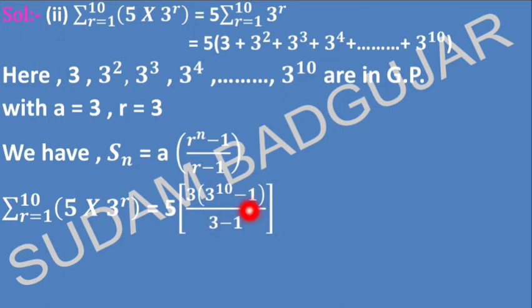See, you have to simplify this. 3 minus 1 is 2 and 5 into 3, 15 upon 2 into bracket 3 raised to 10 minus 1. This is the last answer. Now don't simplify here. Don't write the value of 3 raised to 10. It's more complicated. So leave this as it is.